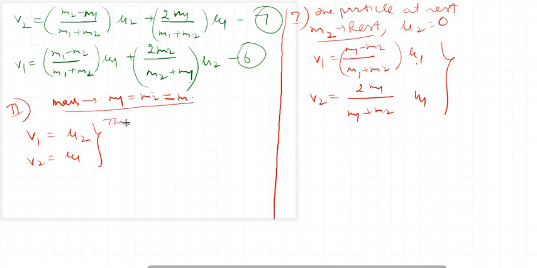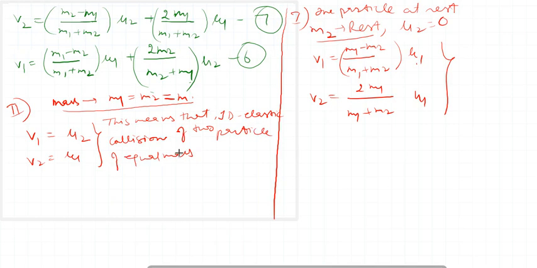So this means that in a 1D elastic collision of two particles of equal mass, the particles interchange their velocities. This means V1 will become U2, the velocity of the second particle before collision, and V2 will become U1, the velocity of the first particle before collision, right?